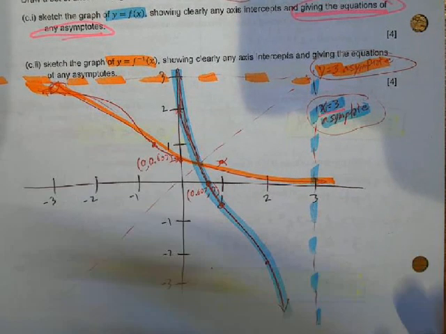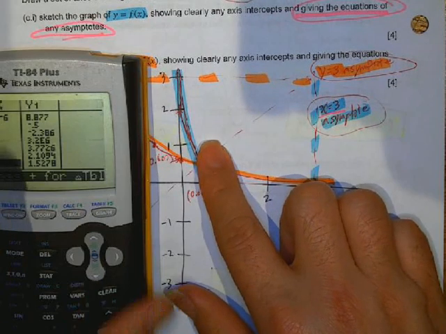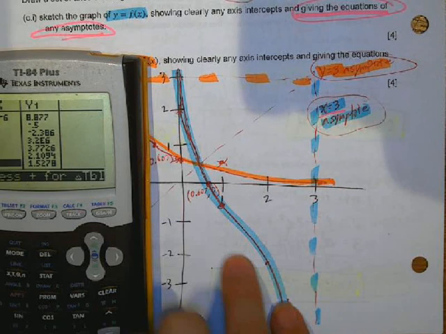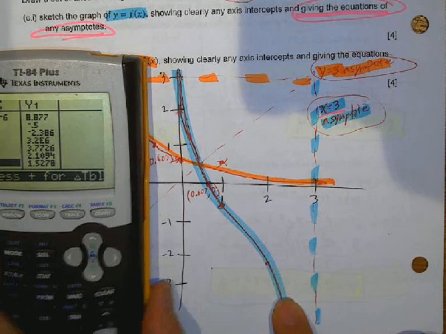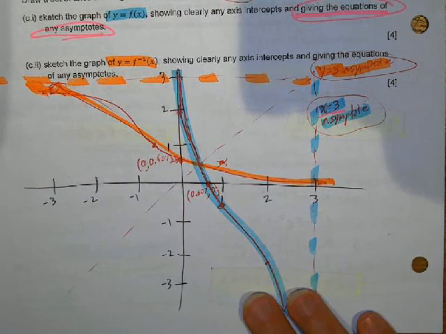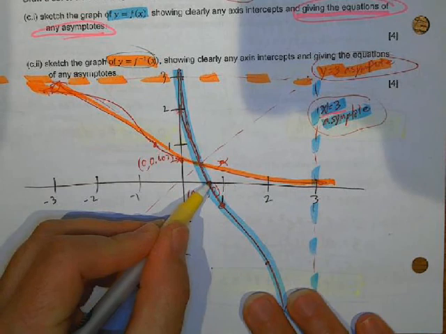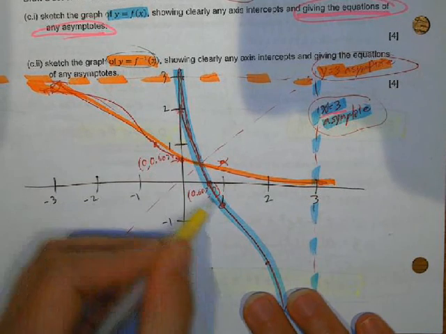How I did it was I did second graph, and then I used some of these points to draw a couple of dots to help me do this. Now, the inverse function is when you switch y with x and x with y. So basically I took this point and I put it here. I took this point and I put it here.